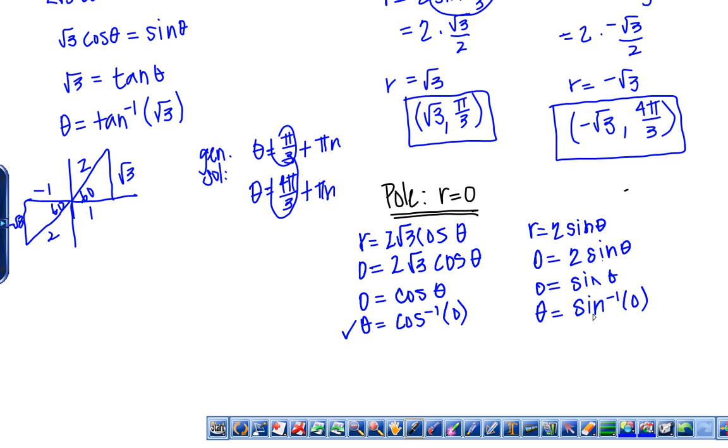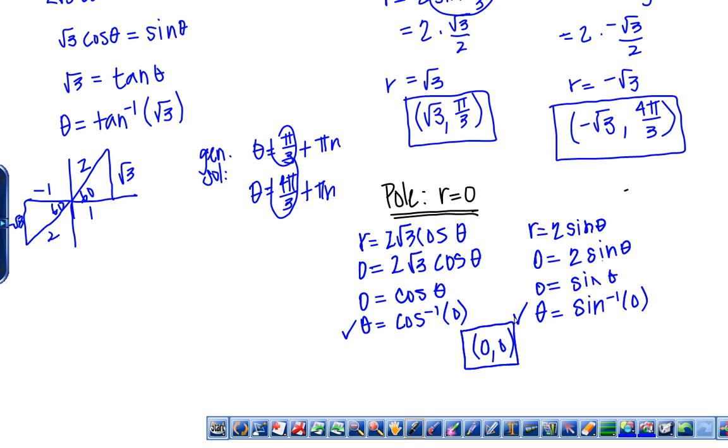And does this exist? Can you find an angle that gives you a 0 for sine? And this exists as well. That means that your 0, 0, your pole, is an intersection of these two equations. So this is the solution, and so is your pole, which is your origin. Okay, so that's a solution.